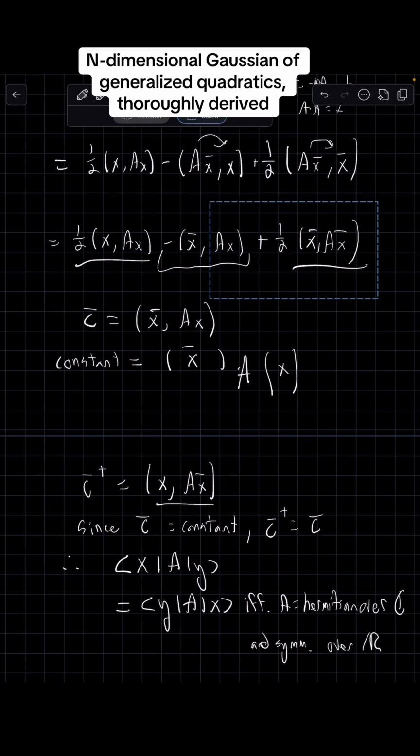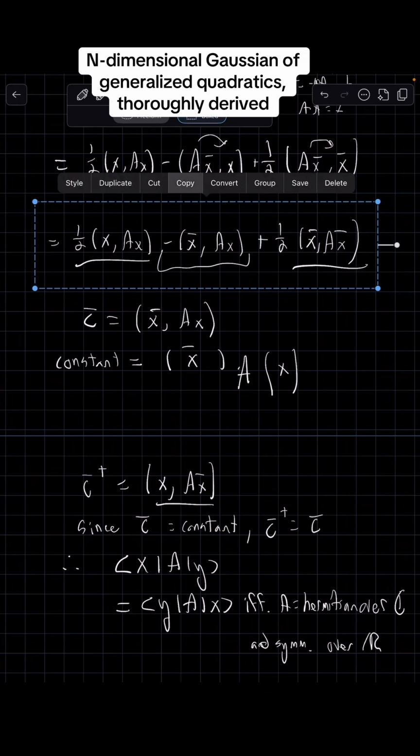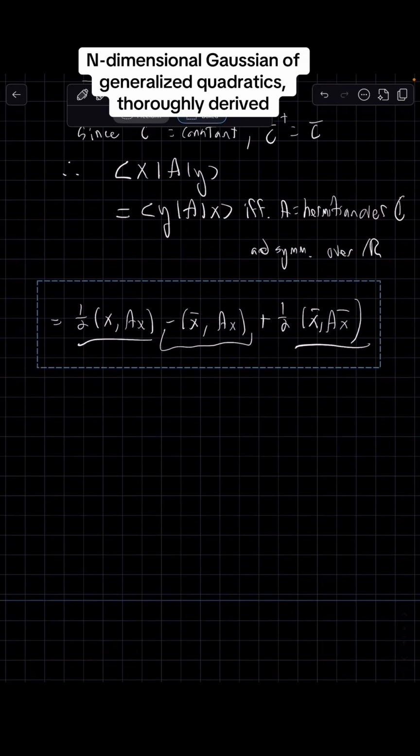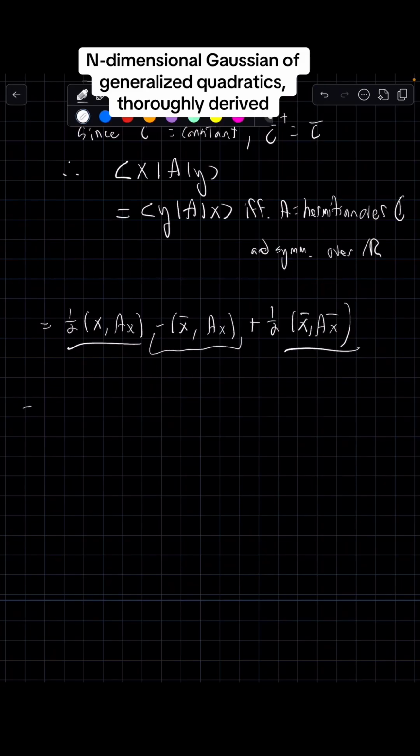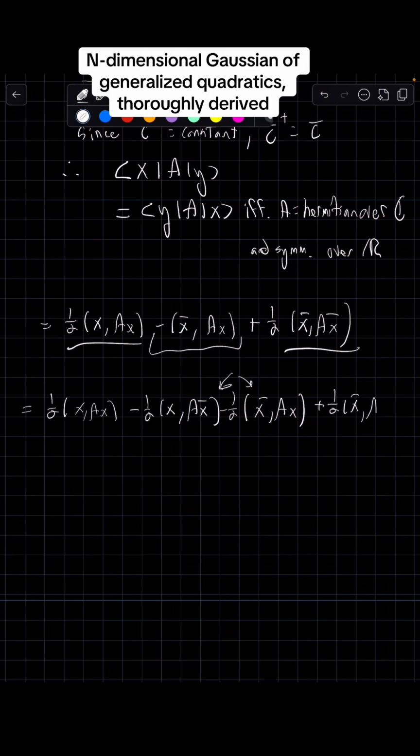And so I'm actually going to split this. This equals 1/2 x A x minus 1/2 x A x bar minus 1/2 x bar A x, because these are equal, I just split them into 1/2 of the two representations, plus 1/2 x bar A x bar. And this looks like squared terms, and these look like mixed terms.